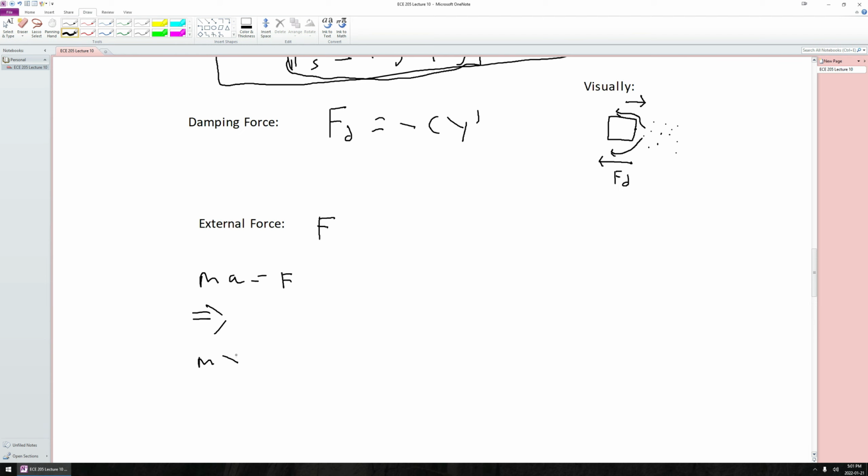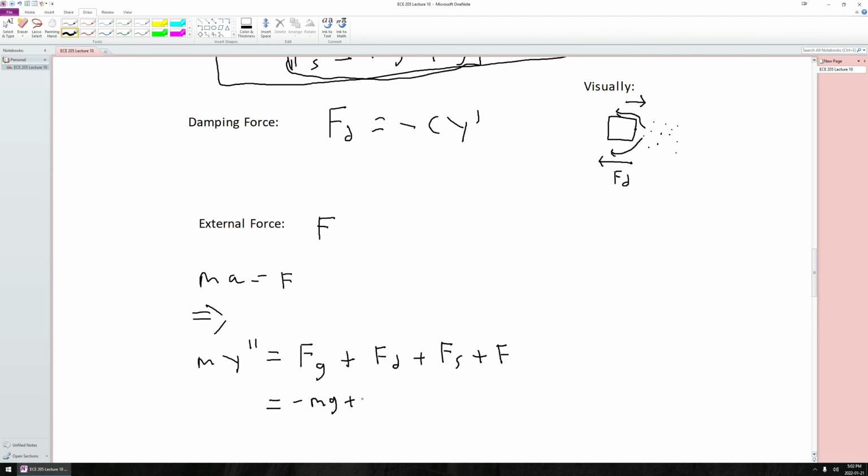So I have my y double prime is equal to the sum of the forces. Here I have my force of gravity, which I will simply denote as F sub g, plus in addition to this, my dampening force, which I'll call F sub d. I have the force due to the spring trying to go back to its equilibrium position. And finally, I have these external forces, which really depend on the problem, so I'll just leave it as F. Okay, so from here, if I add these together, the force of gravity is just minus mg.